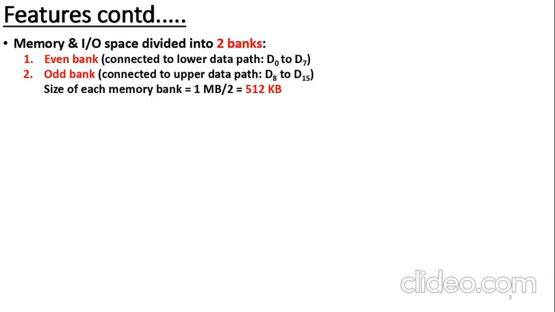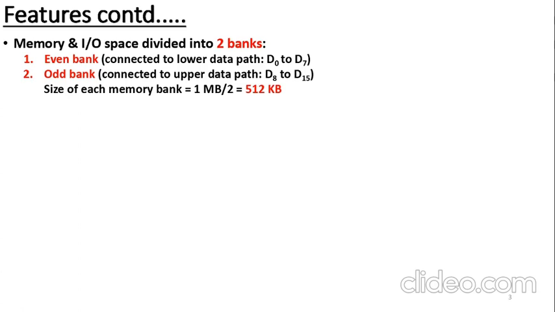Next feature, memory and IO space is divided into two banks here, even bank and odd bank. This even bank is connected to the lower data path D0 to D7, and the odd bank is connected to upper data path D8 to D15.